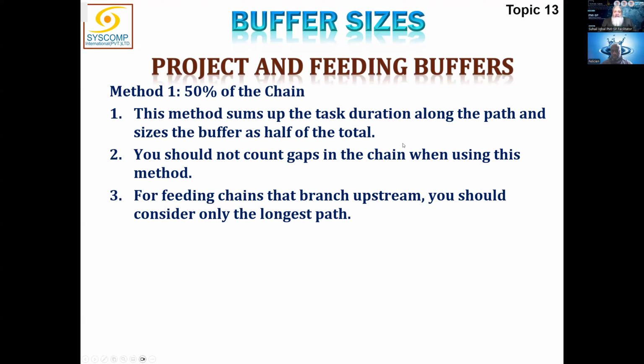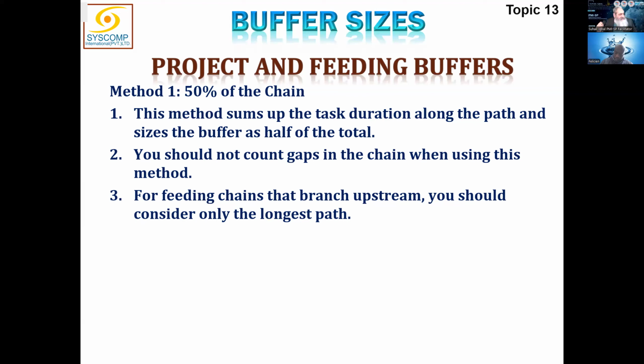You should not count gaps in the chain when using this method. For feeding chains that branch upstream, you should consider only the longest path, meaning that basically the critical path is only having the project buffer. The project buffer is only meant for the critical path. No other path can claim the reserves or the buffer items from the project buffer.